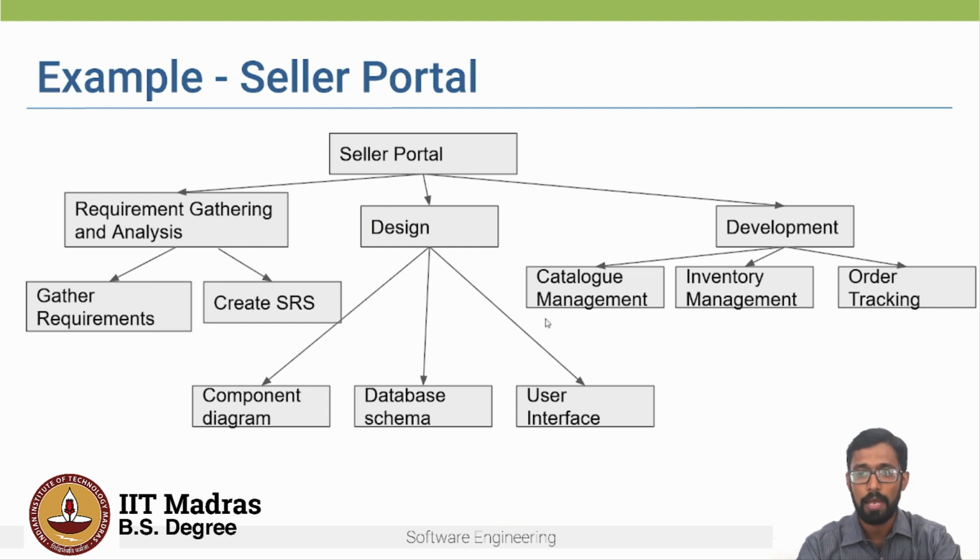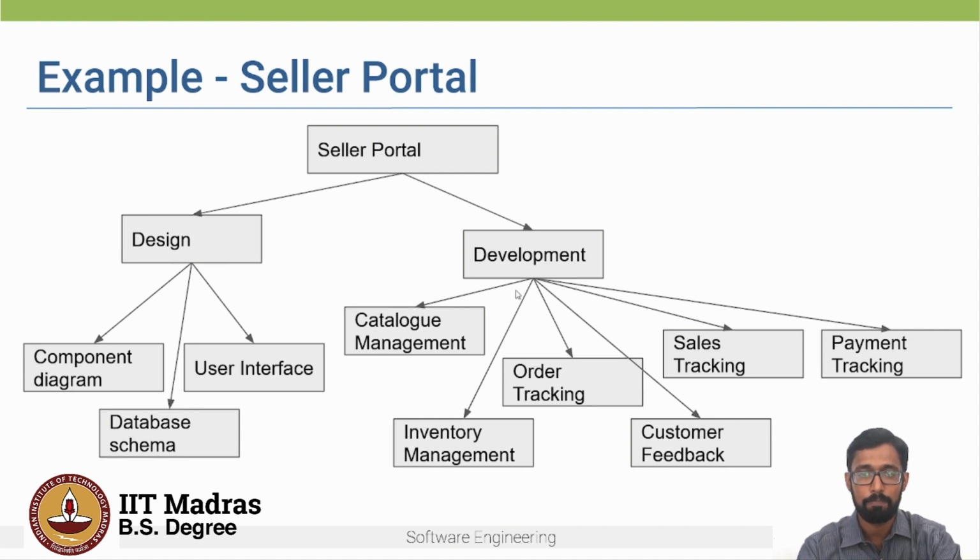For example, some people will start working on the component diagram, others will start working on the database schema. If we look at just the design and the development, in the design you create the component diagram, the database, the user interface, and the development involves all the modules or the requirements which we identified in previous videos.